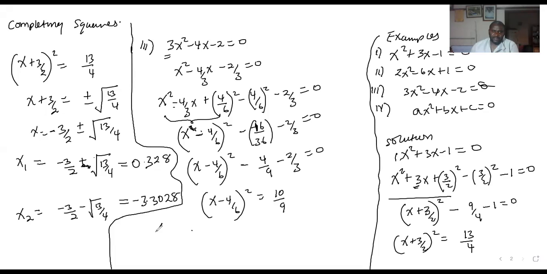Square root will confirm x minus 4 over 6 is equal to plus or minus root of 10 over 9. Therefore, x1 is equal to 4 over 6 plus root of 10 over 9, or x2 is equal to 4 over 6 minus root of 10 over 9, and get the answer.